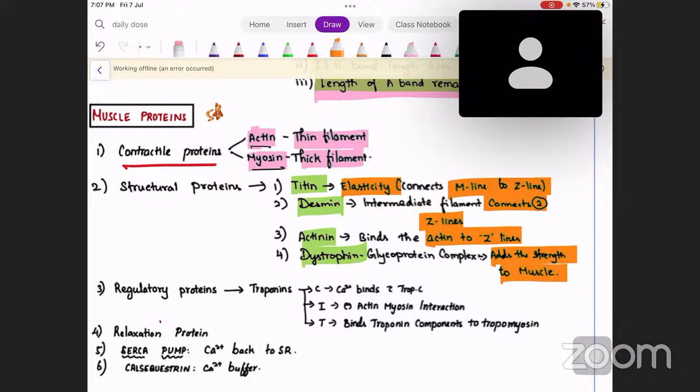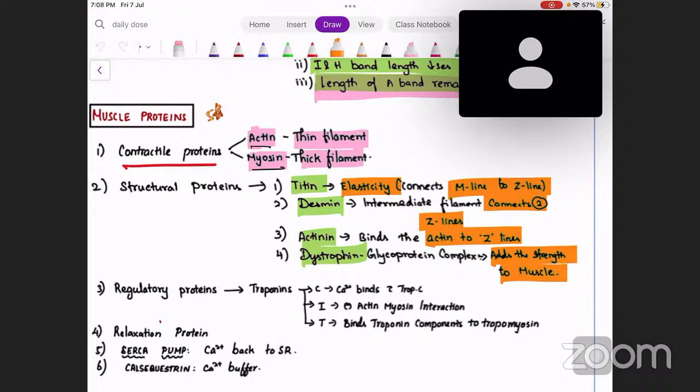So there are 4 structural proteins: titin, desmin, actinin, dystrophin. Titin maintains elasticity, while desmin is an intermediate filament which connects your 2 Z lines. Actinin binds the actin to your Z line, and dystrophin is a glycoprotein complex which adds strength to the muscle.